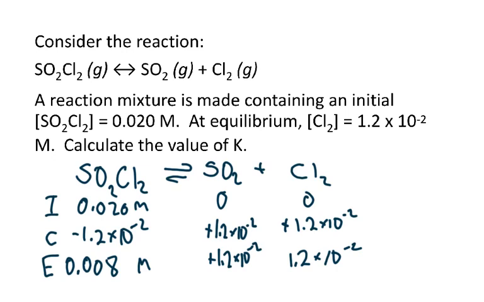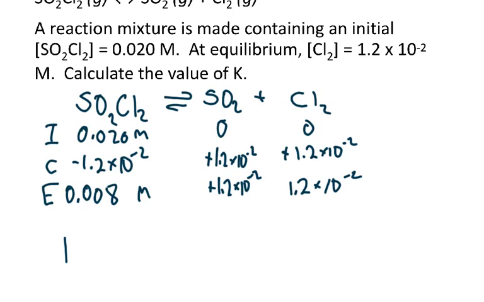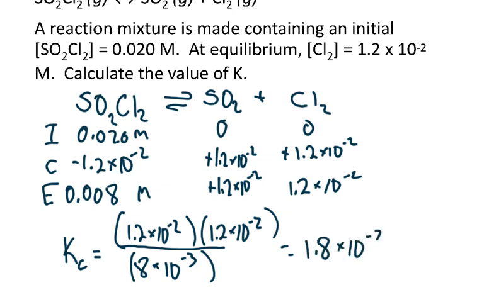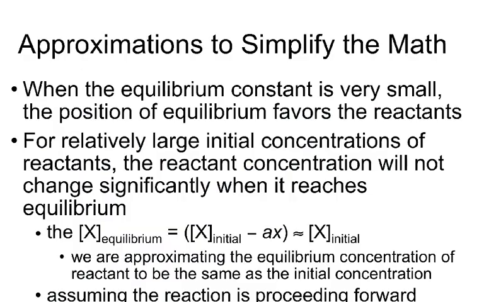Then my Kc is going to be 1.2 times 10 to the minus 2 divided by 8 times 10 to the minus 3. And I don't need my quadratic equation for this, so I can just plug everything in to get an answer of 1.8 times 10 to the minus 2 as my answer.